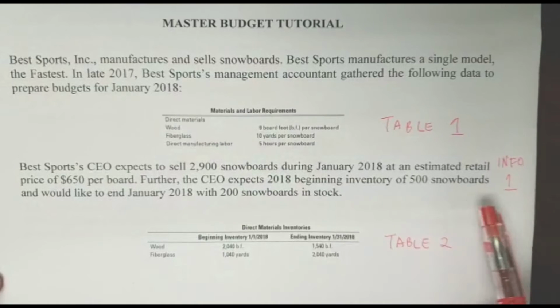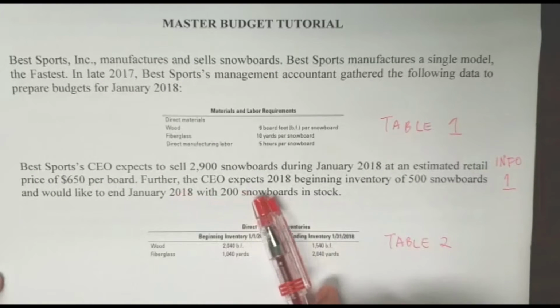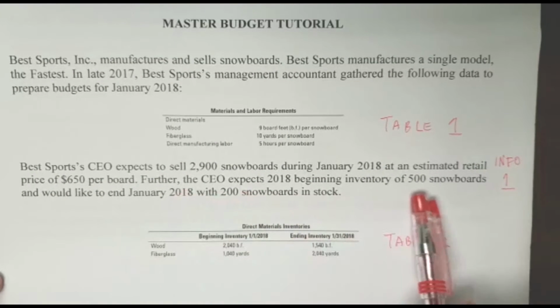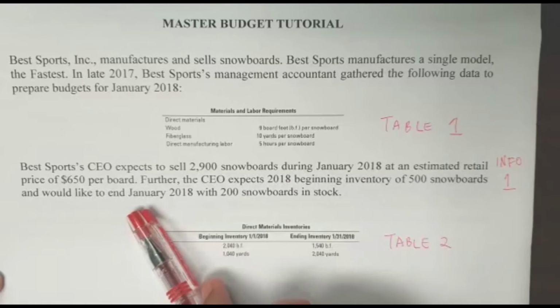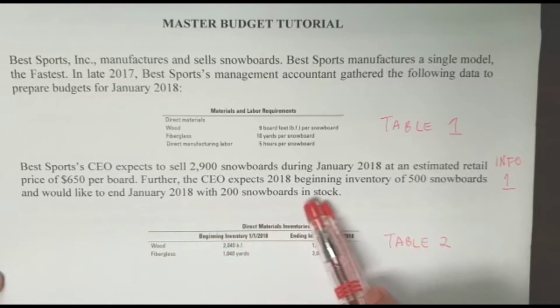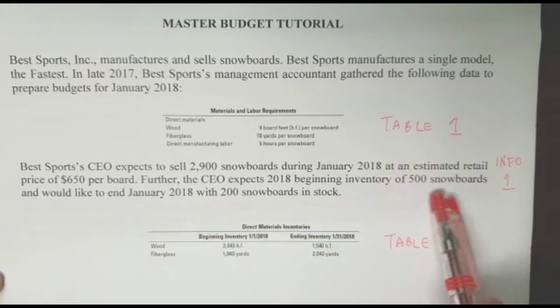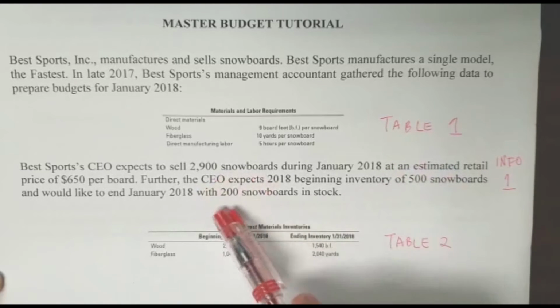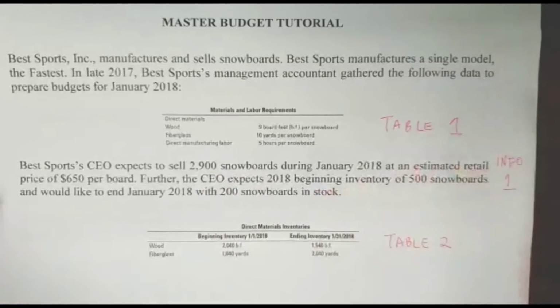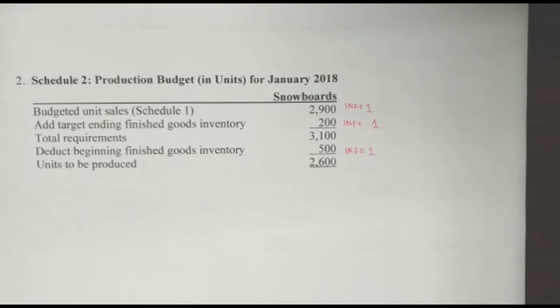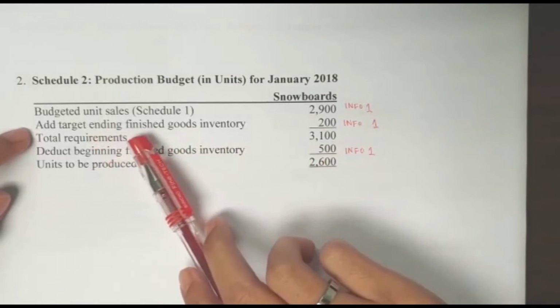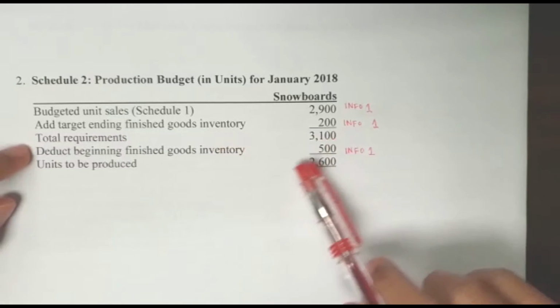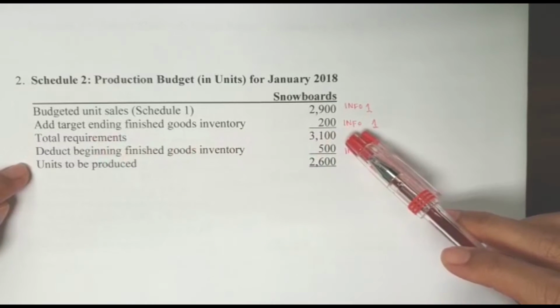If you look at information 1, the CEO expects a 2018 beginning inventory of 500 and would like to end January with 200 snowboards in stock. So this is the beginning inventory information, while this is the ending inventory information, that is 200. We add the ending inventory of 200, so the total requirement is 3,100.